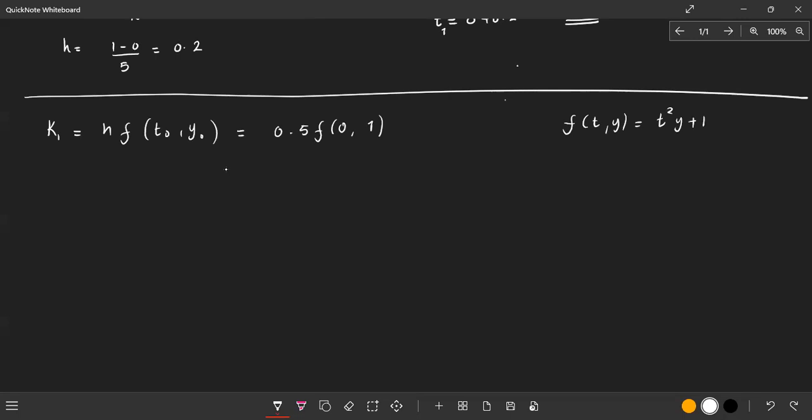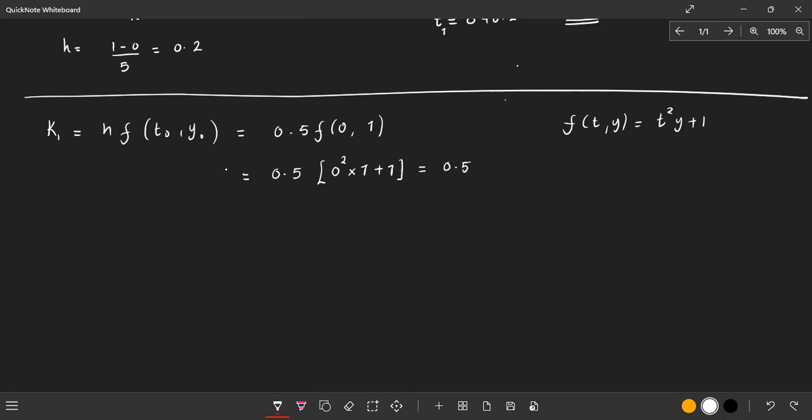So we substitute the values: t is equal to 0, while y is equal to 1. So we're going to have 0.5 times our function, in place of t putting 0, so 0 squared, in place of y putting a 1, and then plus a 1. This gives us the value of k1 to be 0.5.